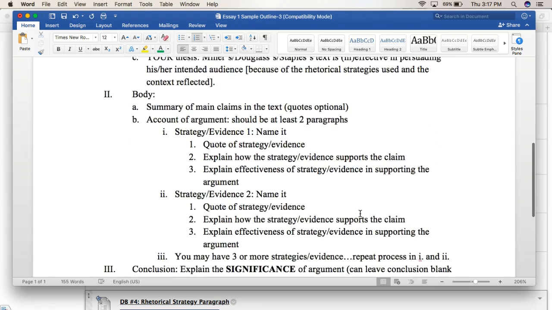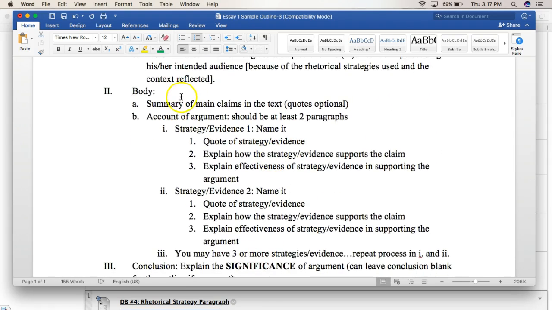So then in each body paragraph, like I was just describing, this is optional. You don't really need to do a summary of the main claims if you don't want to. You can if you'd like, but you're going to talk about them within the body of the essay. But B here is what we're really focusing on right now. Each little Roman numeral here will be a paragraph.